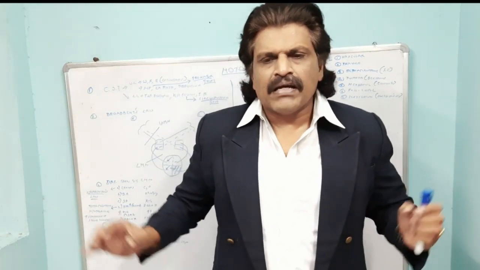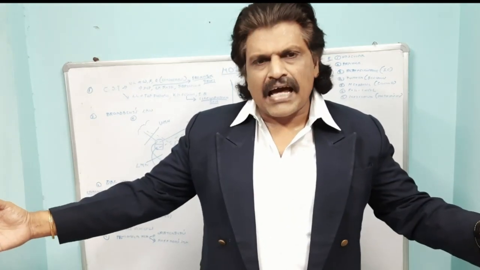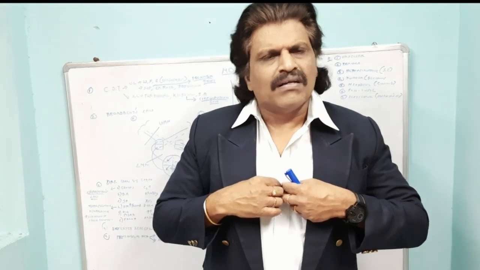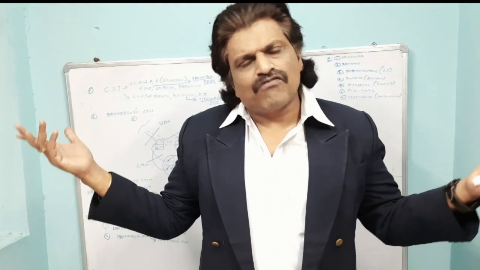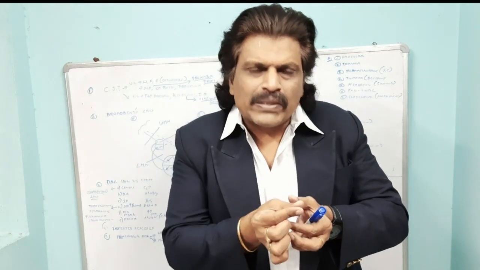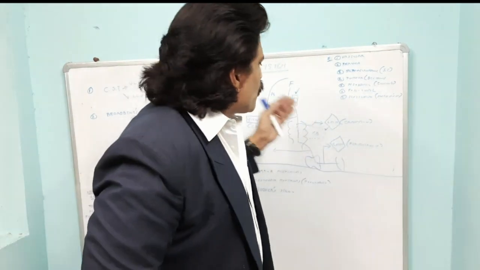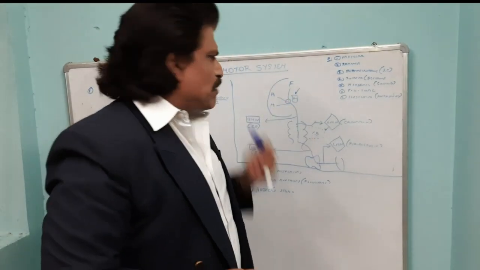For example, if I need to button my shirt, taking the hands up to the buttonhole, the corticospinal tract is sufficient for me. But to put the button correctly into the buttonhole, twist it and do these delicate movements, I need the support of the basal ganglia and cerebellum.